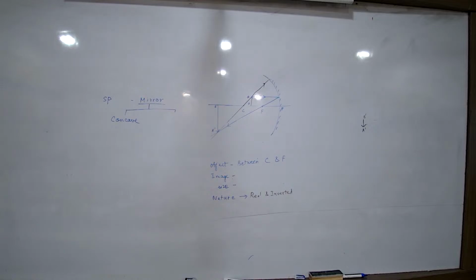Draw one ray parallel to the principal axis, passing through F. Another one passing through C, touching the mirror at A.